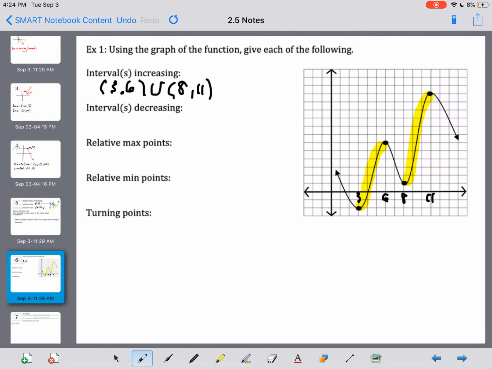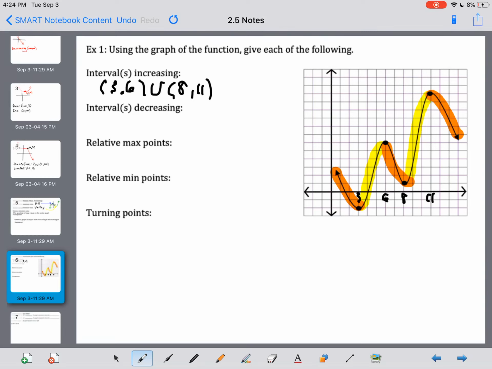All right, the graph is decreasing then. Let's use a different color. We're decreasing here and here and here. And notice those arrows on the left and the right mean that we're going to negative infinity and positive infinity.